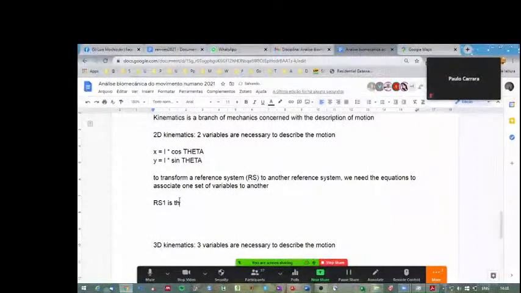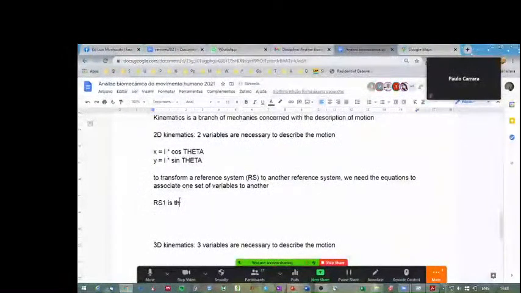Because for example, if we go to another system, this equation has to be written in a different way. Then we have to add cosine, we have to add a lot of things different from here.